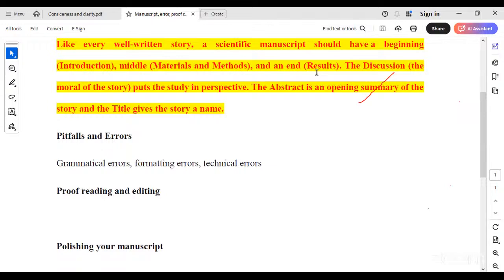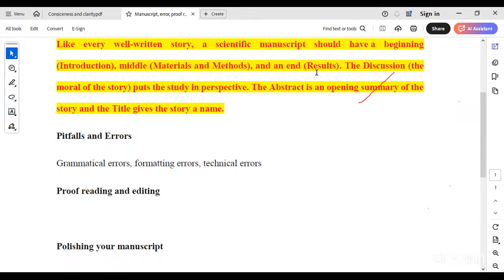The consequence of a formatting error is that it distracts the reader. It diverts attention from the content, and during the peer review process, when you write a manuscript, submit it to a research journal, and it goes to review, the reviewer gets distracted from the content.